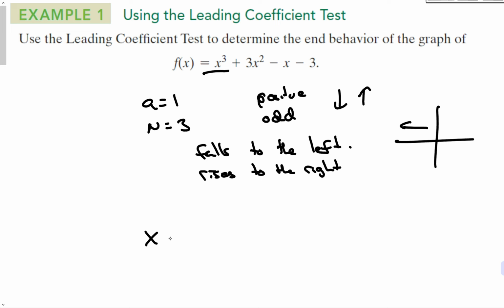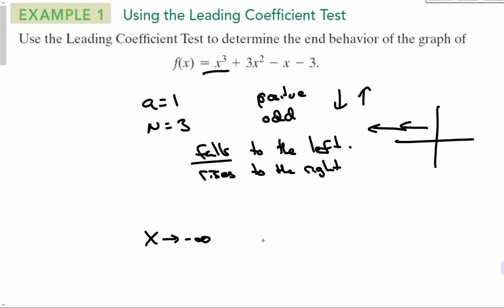Well, x is getting closer and closer, as we go further and further to the left, to negative infinity. As this is happening, as I'm going towards the left, this function is going to fall.